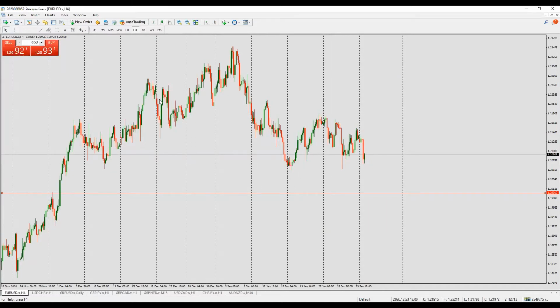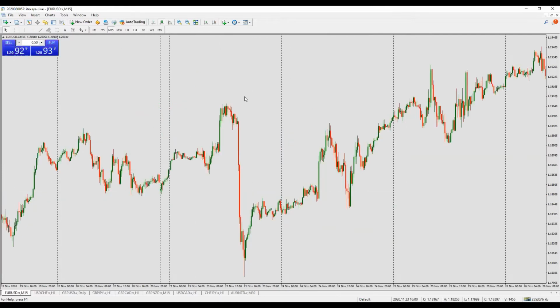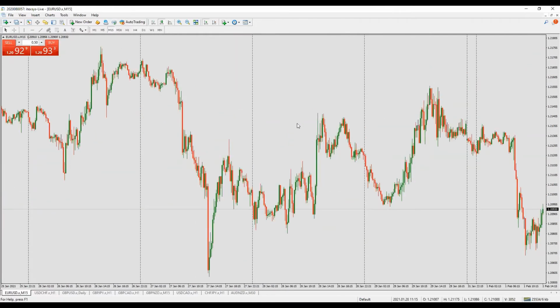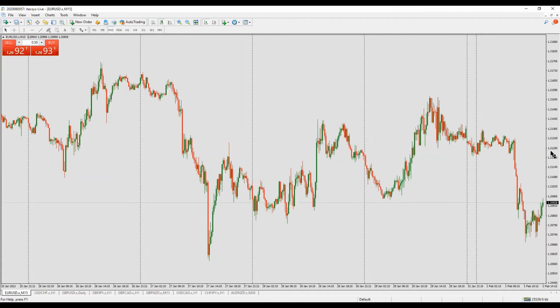So if we want to take the risk and try to get down with the price all the way to this demand, if we think that the price might get there, again, it doesn't mean the price has to reach there because we are waiting here, maybe we can look for a sell position.